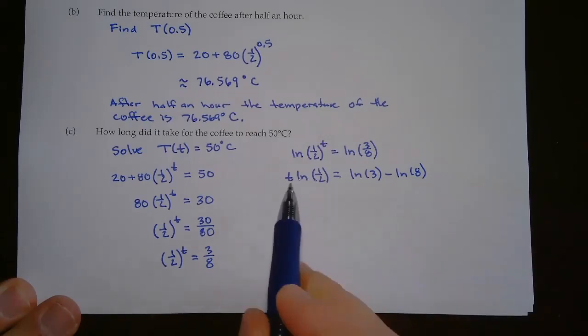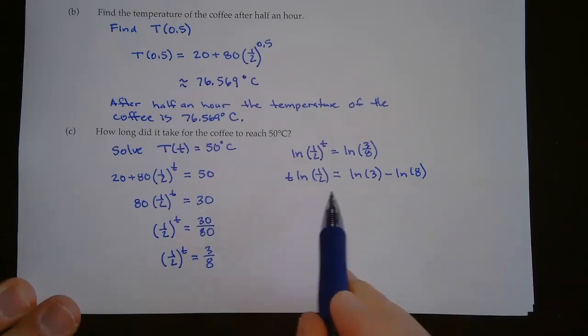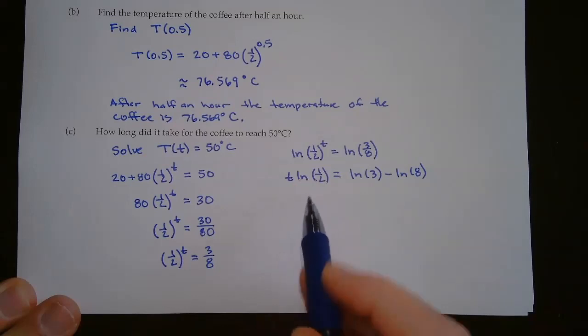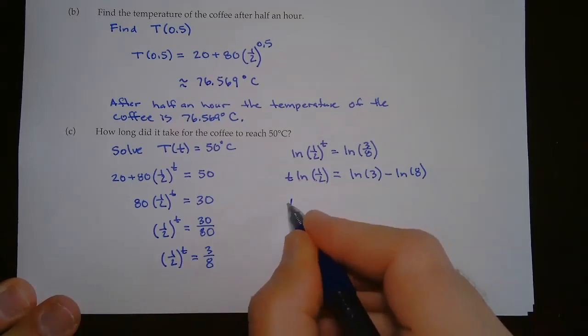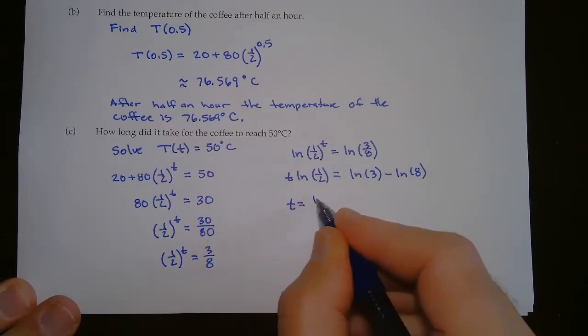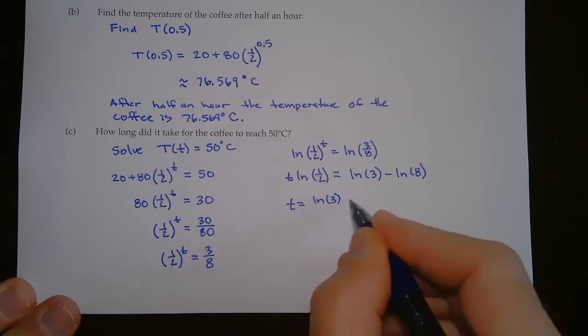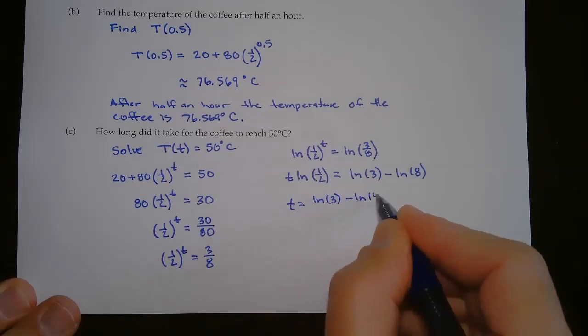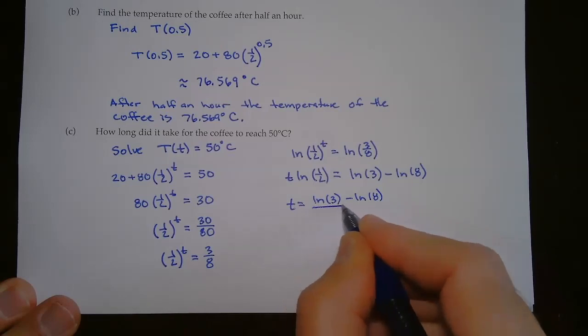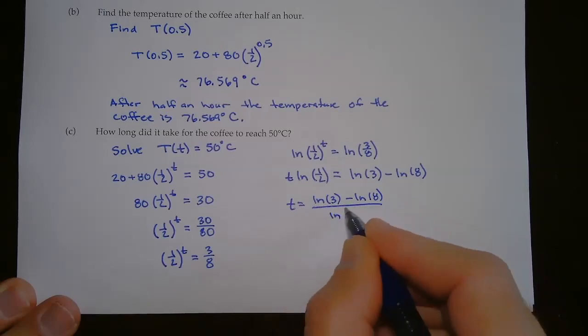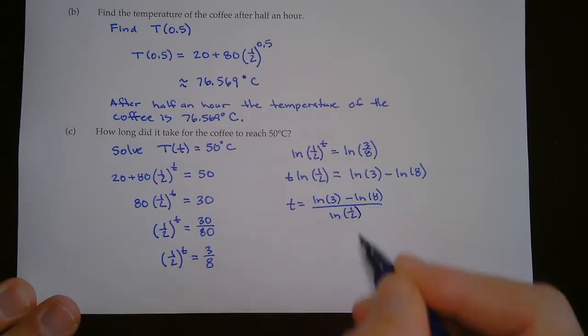Okay, now to get this t by itself, I'm going to divide both sides by natural log of 1/2. So t is equal to the natural log of 3 minus the natural log of 8 over the natural log of 1/2.